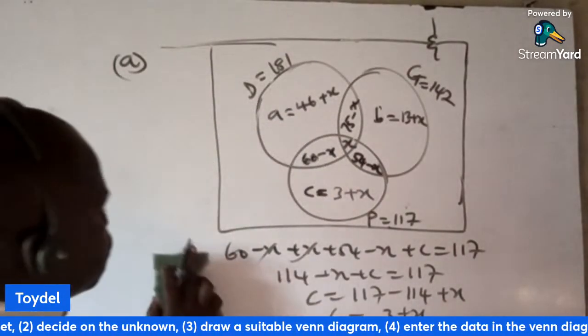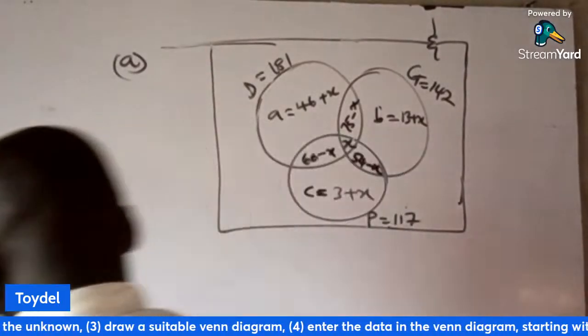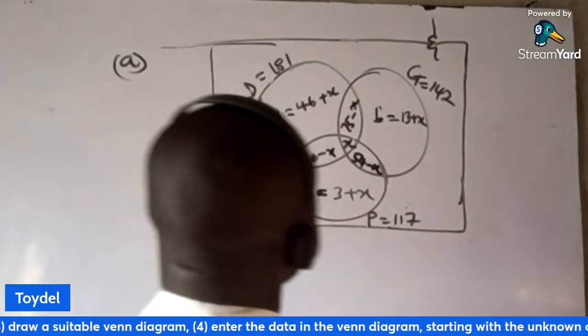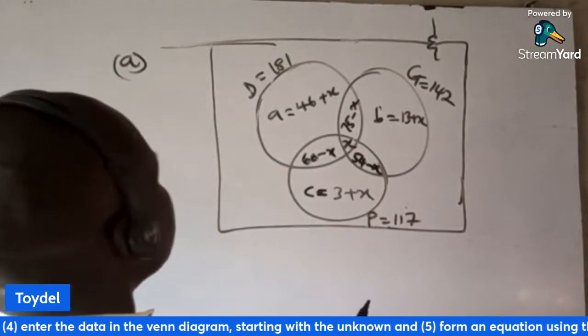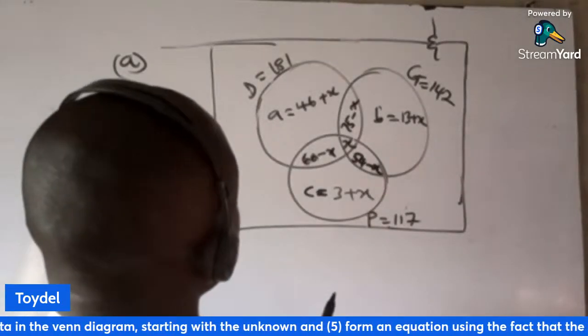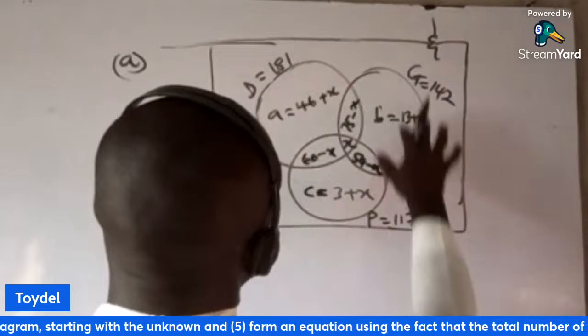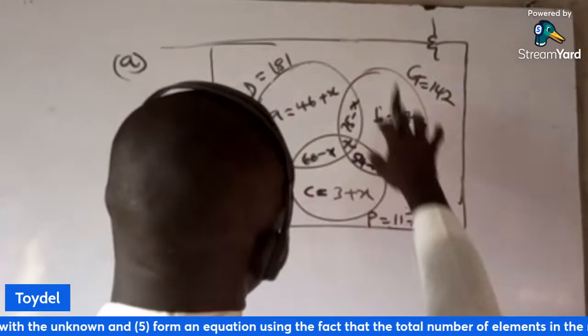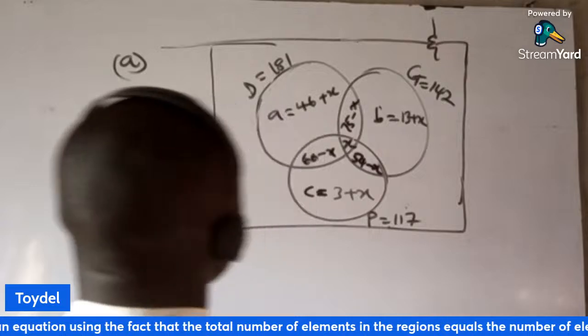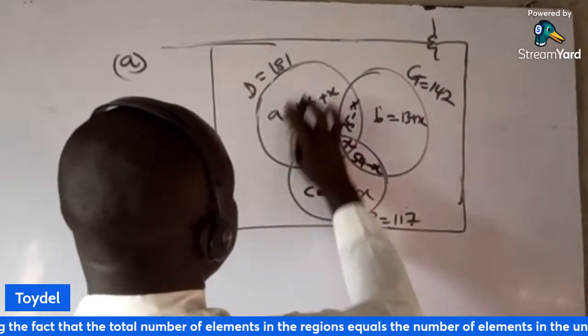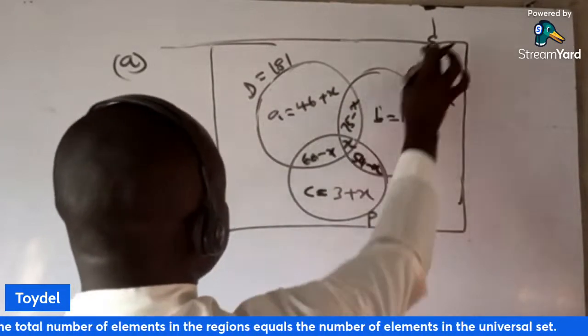This is what we are going to do. If you look at the steps that I gave when I introduced the topic, the fifth one says that for us to be able to find the unknown, we equate everything that we have inside this rectangle to the universal. So in this case now, we are going to add everything that we have here, and we equate it to 290.